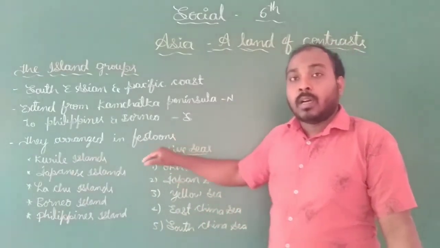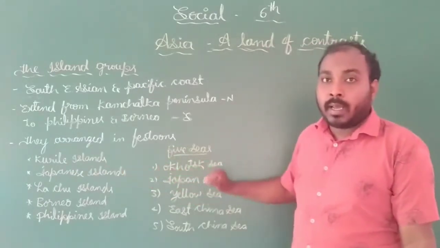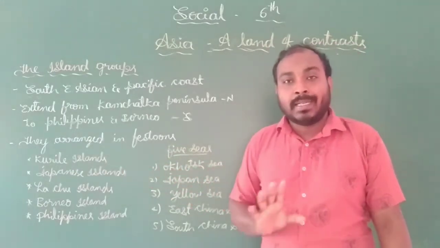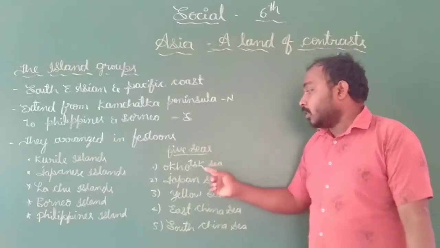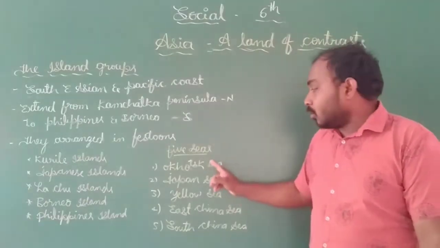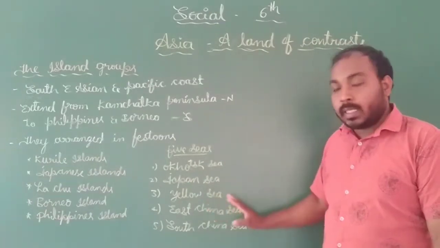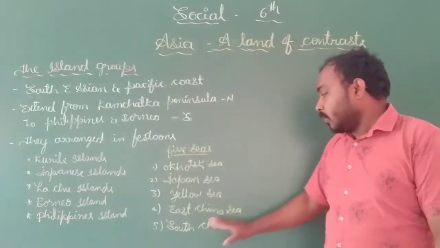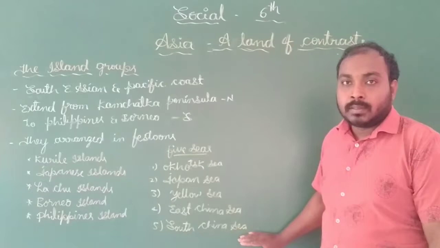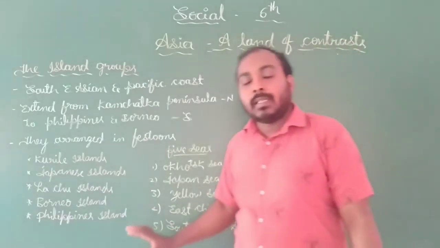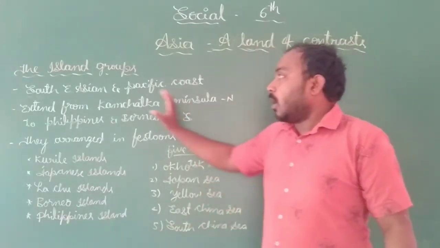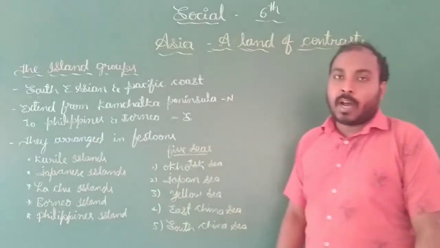These five islands also cover five important seas. What are the seas? The Okhotsk Sea, Japanese Sea, Yellow Sea, East China Sea, and South China Sea. These are the five important seas covering the many islands.